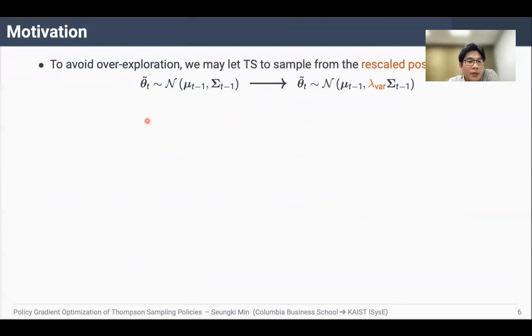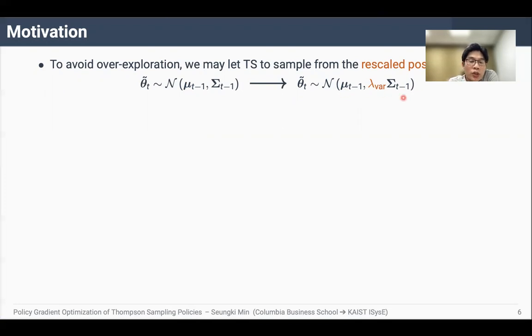So if we are simply trying to avoid the overexploration of Thompson sampling, we can just scale the posterior distribution that Thompson sampling will use. So for example, if the standard version of Thompson sampling is sampling the model parameters from this Gaussian distribution, we can simply add a tuning parameter or a meta parameter, lambda, in front of this variance term to scale the variance of this posterior distribution.